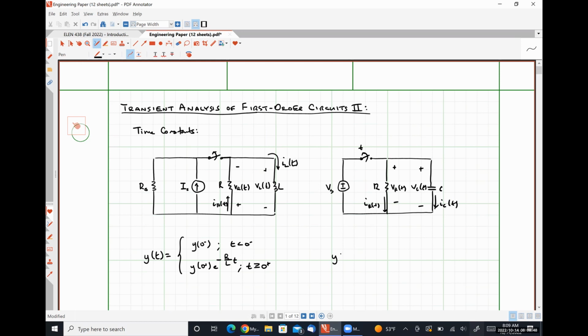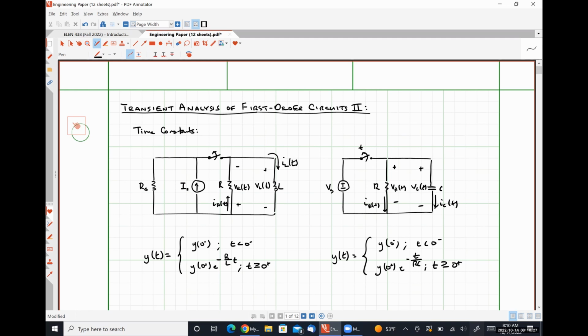And in this case, we found that our response voltage or current through the resistor or the capacitor would look like y at 0 minus for t less than 0 minus, and y of 0 plus e to the negative t over RC for t greater than or equal to 0 plus.